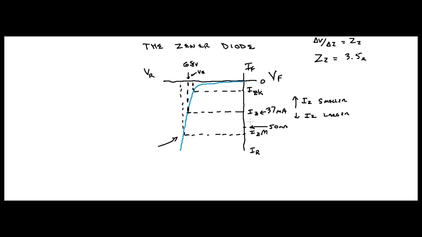So it wants to know what the new voltage is, up here, if you draw this line across. By the way, when you do these problems, I highly suggest you draw this curve, because when you visualize it, it makes it a lot easier to see.